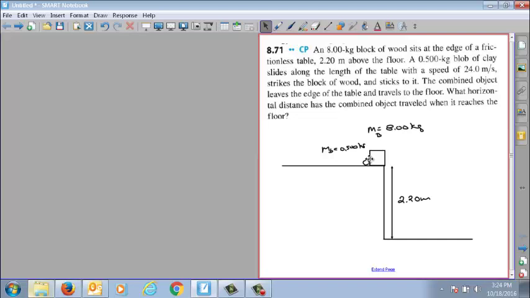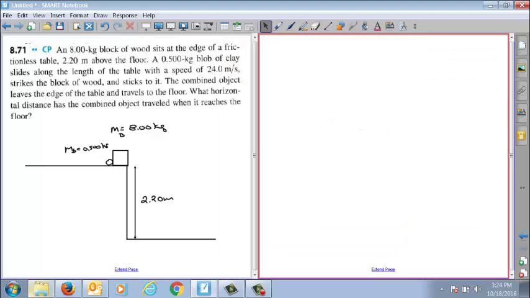Then you'll have a final velocity from the collision, and that final velocity will be the initial velocity for this thing to go out and have parabolic motion. So we've got two parts: the collision part, and the projectile part.